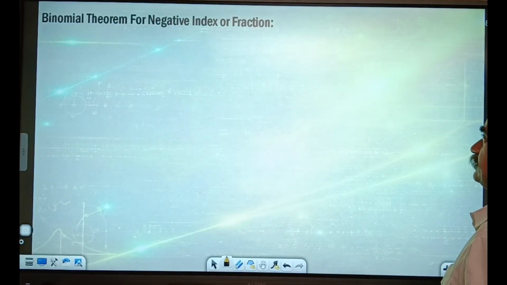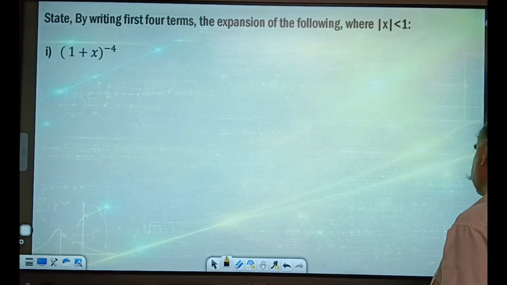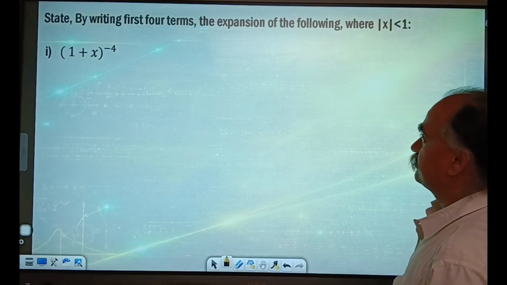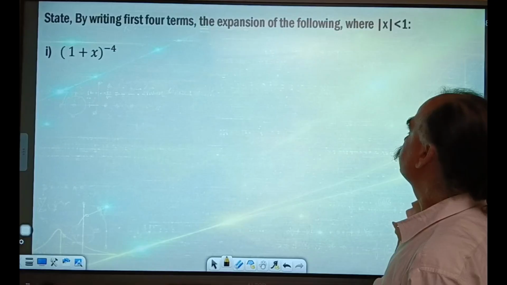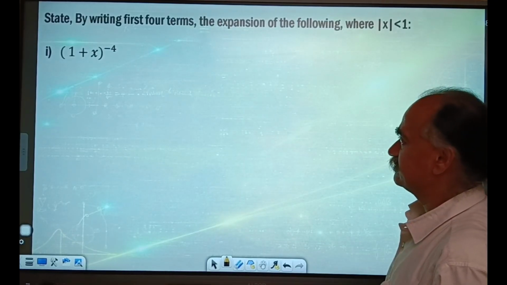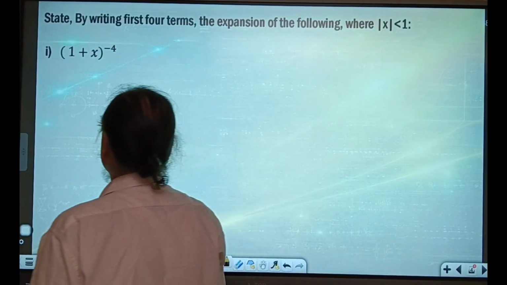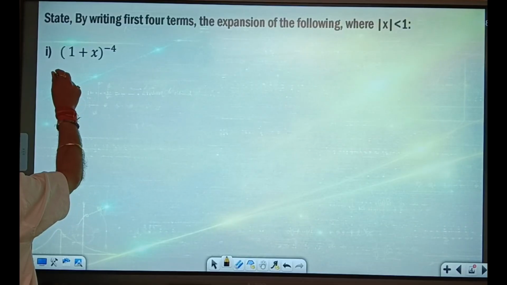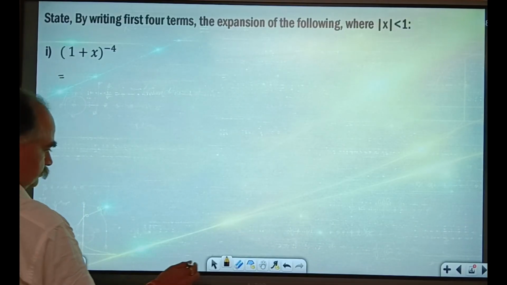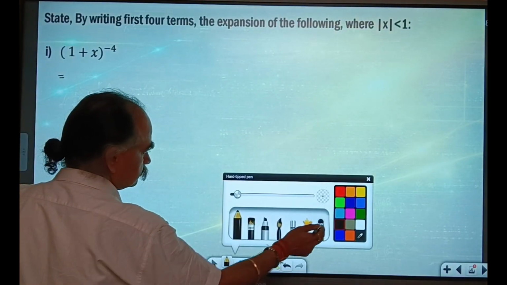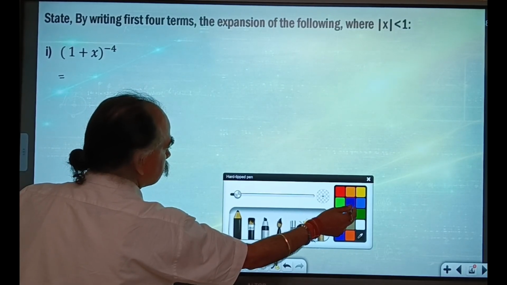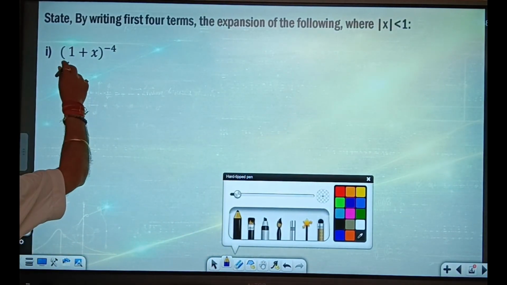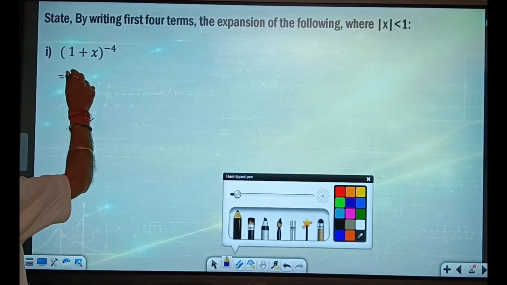Binomial theorem for negative index or fractional index. State by writing first 4 terms the expansion of the following, where modulus x is less than 1. (1 + x) raised to minus 4.